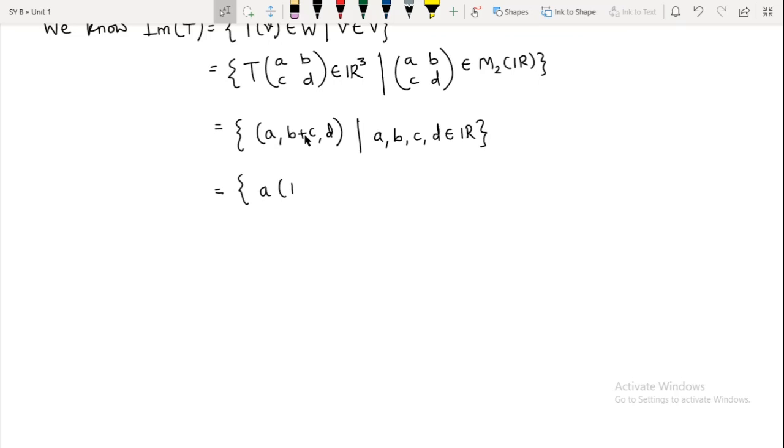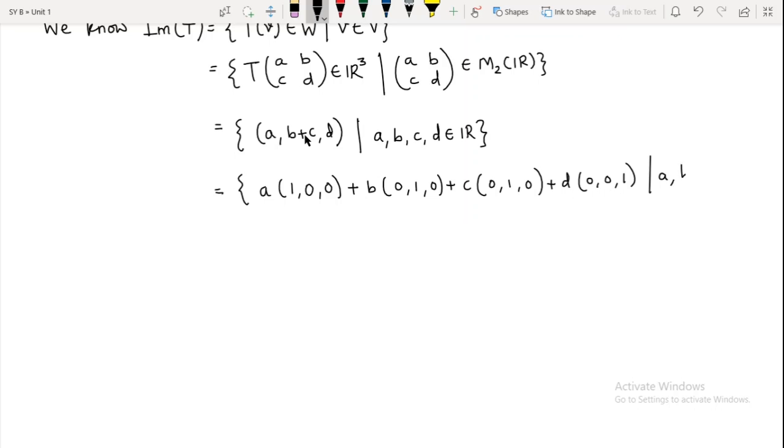Now in the first coordinate the coefficient of A is 1, but in the second coordinate A is absent, so it is 0, right? Similarly for the third coordinate, plus B. Now in the first coordinate B is absent, so the coefficient is 0. In the second coordinate it is 1, and in the third coordinate B is absent, so it is 0, plus C. In the first coordinate C is absent, in the second coordinate it is present, so 1, the third coordinate is absent, so 0, plus D, absent, absent, present, right?